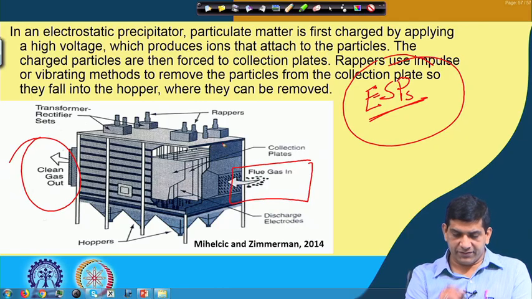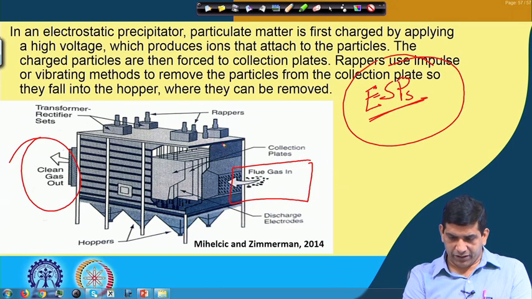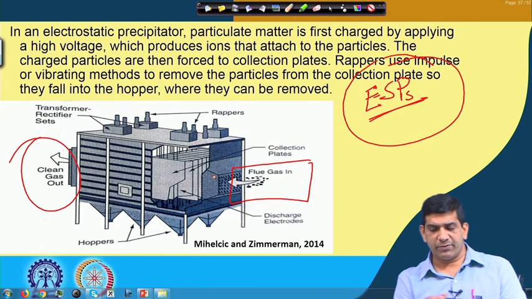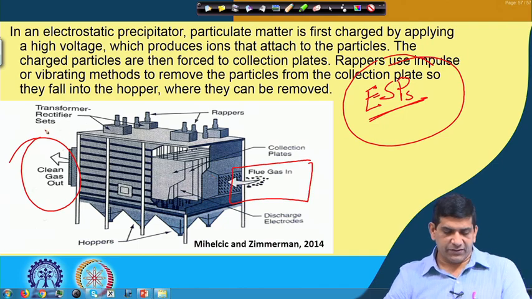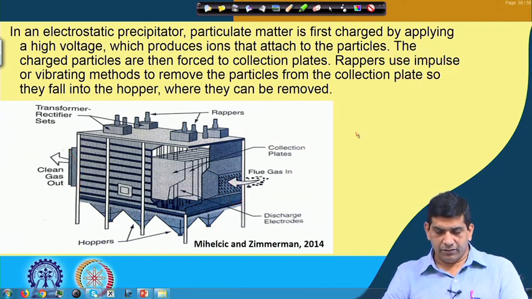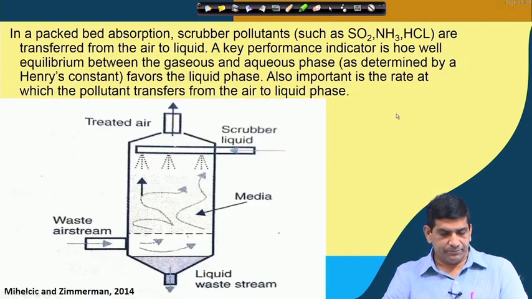In between we have the electrostatic precipitator, where particulate matter gets charged by applying high voltage, which produces ions that attach to the particles. The charged particles pass through these collection plates. The rappers use impulse or vibrating methods to remove the particles. That is how it is done.